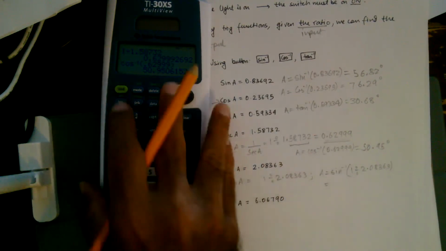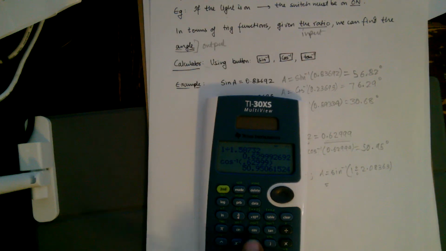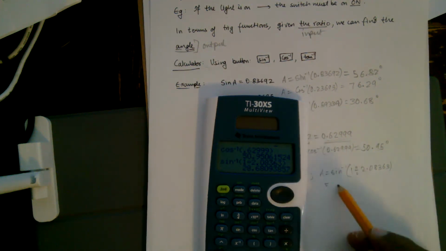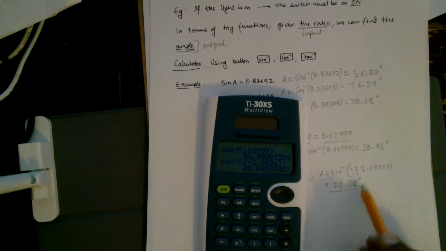So how does that look on the calculator? You go sine inverse of 1 divided by 2.08363, and that's going to directly give you 28.68 degrees.